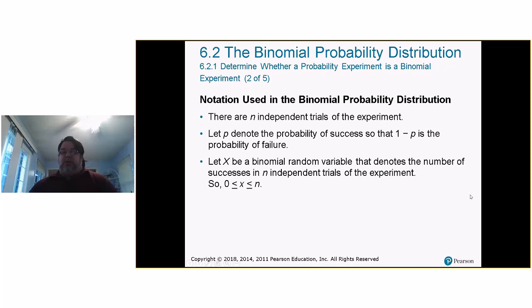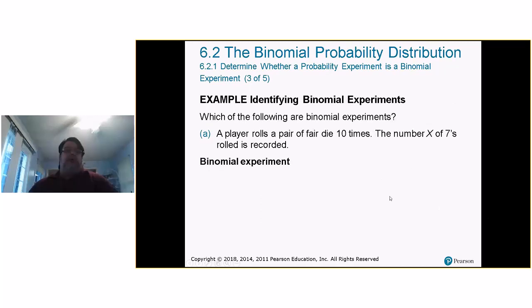They're probably going to show you an example right here. A player rolls a pair of fair dice 10 times. The number X of 7s rolled is recorded.